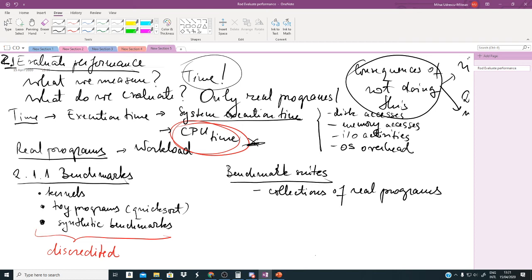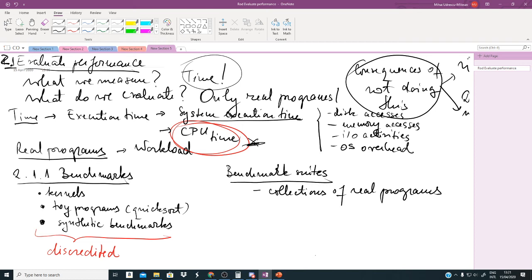Nonetheless, the weakness of one benchmark is lessened by the presence of other benchmarks. So if one benchmark is weak in some regard, the other benchmark is not weak in that regard, and so on and so forth. So all the angles, so to speak, are covered by the collection of these benchmark programs.